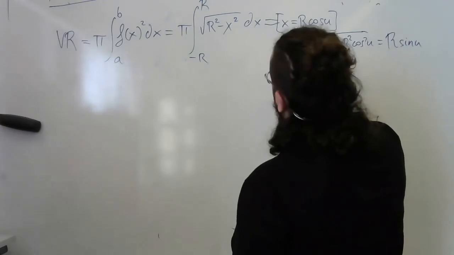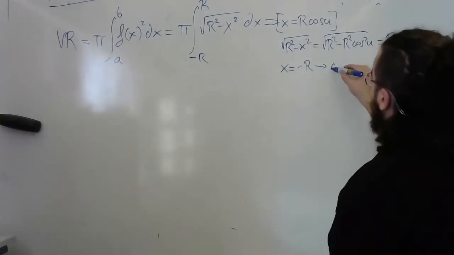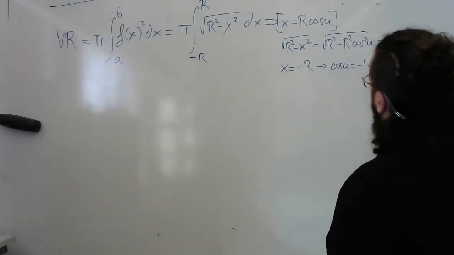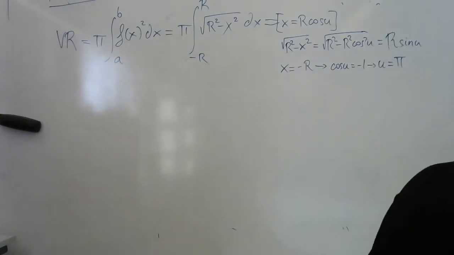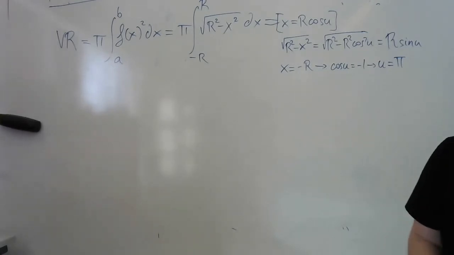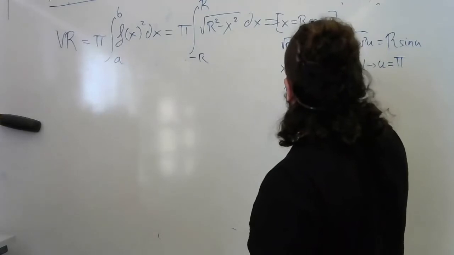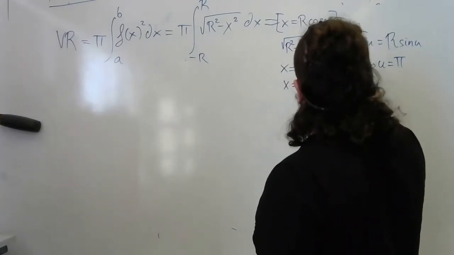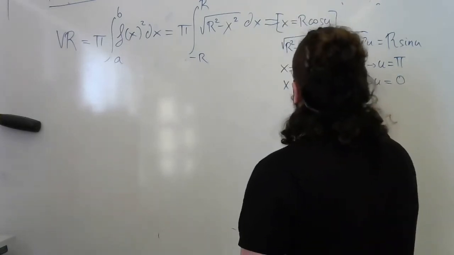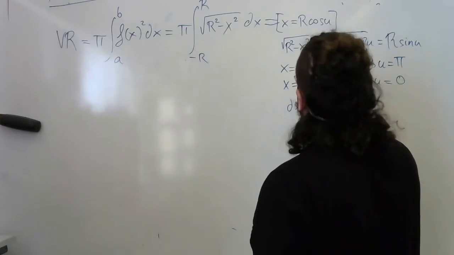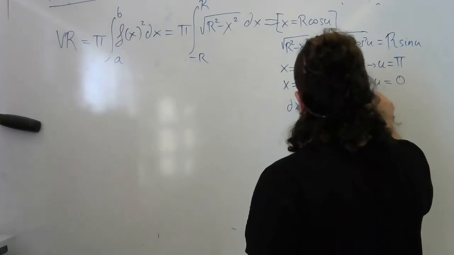Now, if x is minus r, this means cosine of u is minus 1, so u is pi. If x is r, this means cosine of u is 1, so u is 0. And finally, differential of x is minus r sine of u, differential of u.